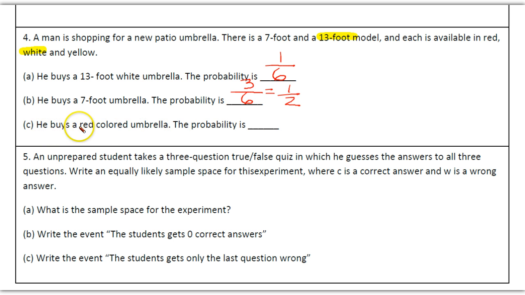He buys a red color umbrella. Well, out of the 6 possible, he has a 7-foot and a 13-foot, so he has 2 out of the 6, which reduces to 1 out of 3.